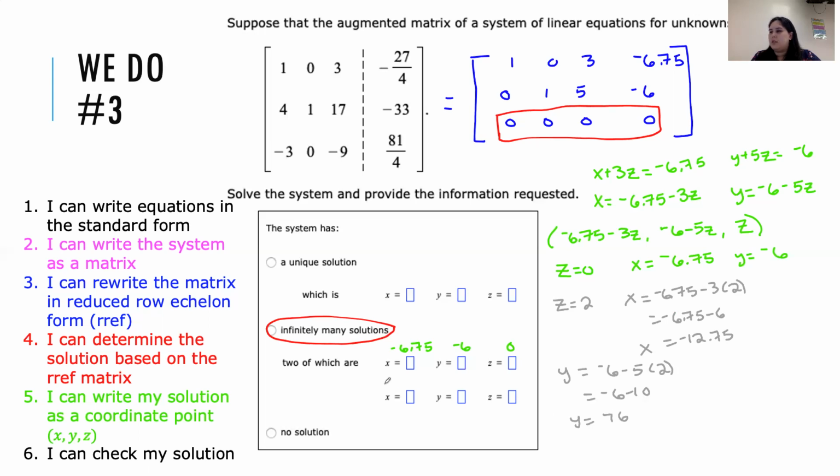So for x, negative 12.75. For y, negative 16, and for z, 2. So that way it looks more like a negative 17 or negative 16. But that's how you would do an example of that one.